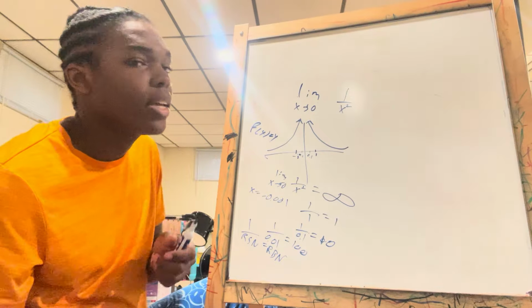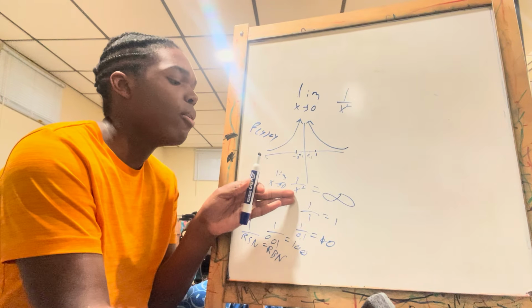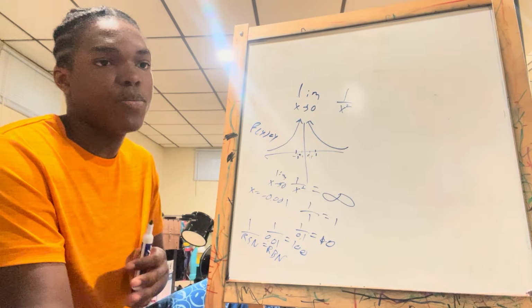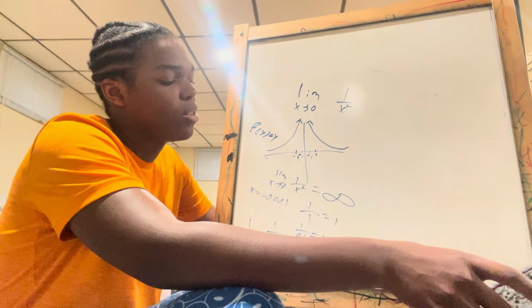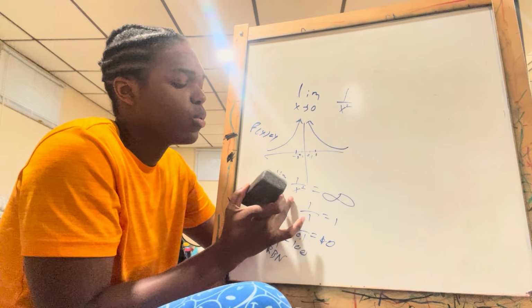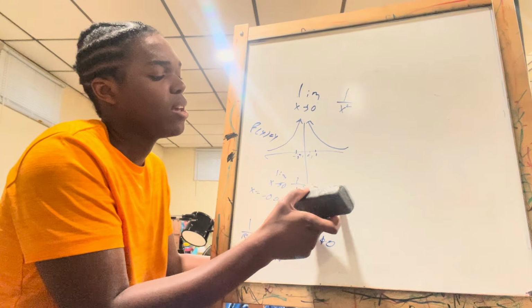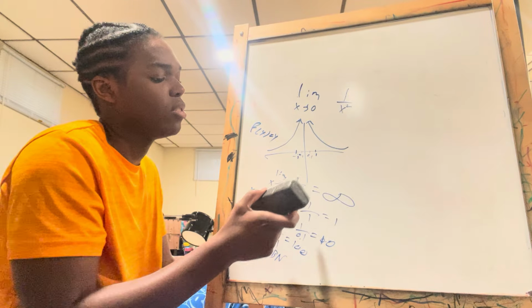Because when it gets really, really close to 0, it's going to be a really, really big number. Now, there's no way to get really close to 0 but not be 0. But we know that if it's a really small number, it's going to get really big. So we can say that it is infinity as it approaches 0 from the left side.